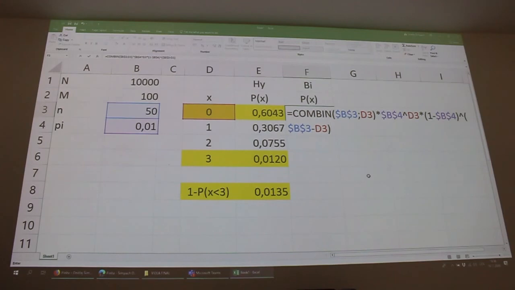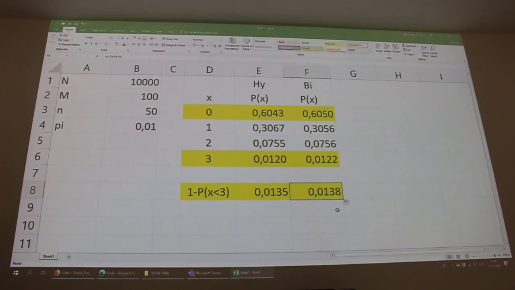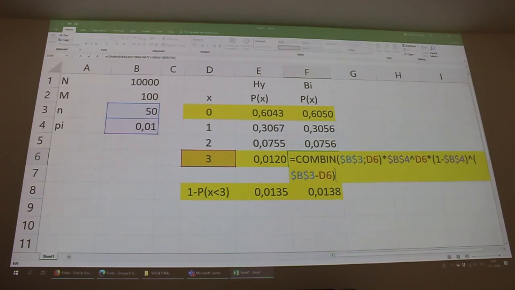Please try this also at home in your Microsoft Excel. Press enter and use only 4 decimal places. You can see that this is your response A, this is your response B, and this is your response C. As you can see, I will show you this function one more time.